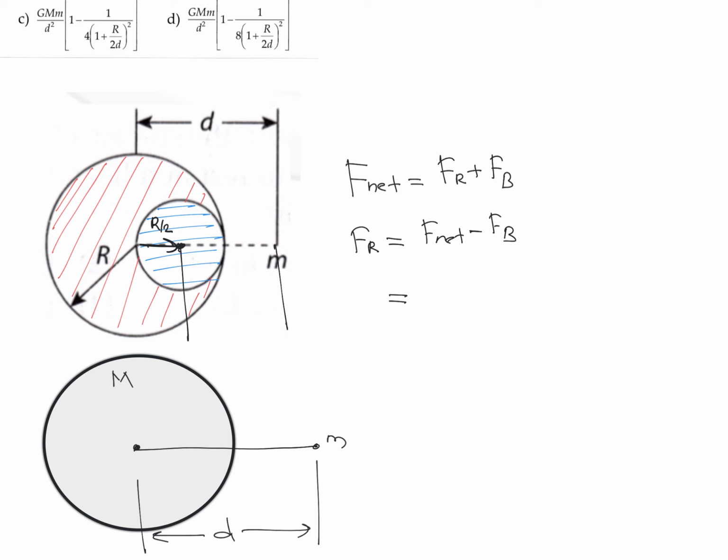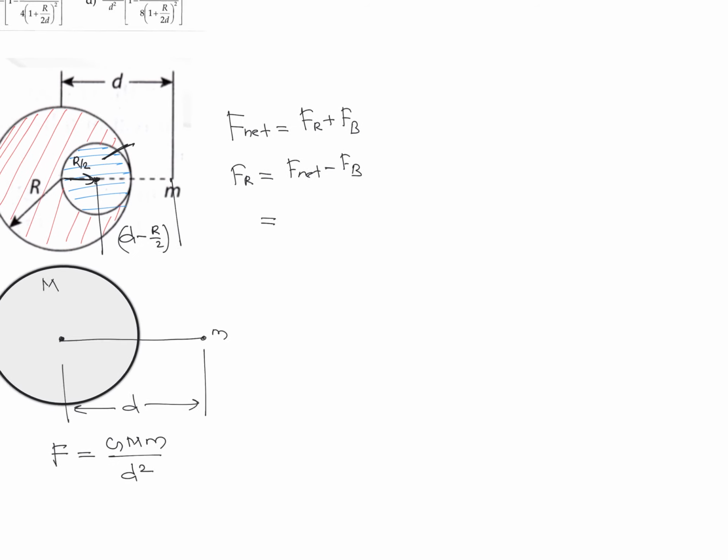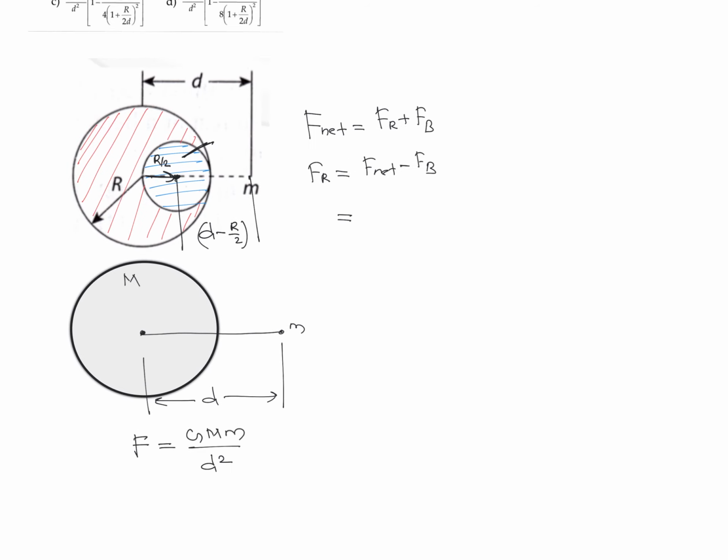The distance from here to here can be written as d minus r by 2. We don't know the mass of this portion, but it is given that its radius is r by 2, so let's find its mass.